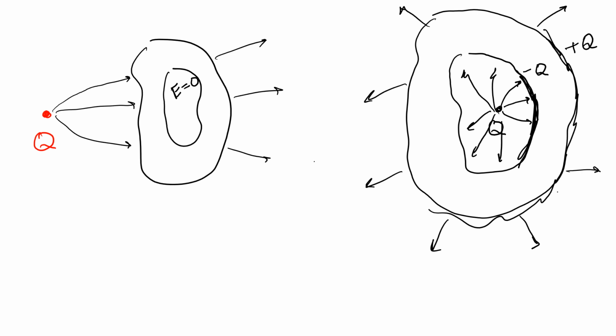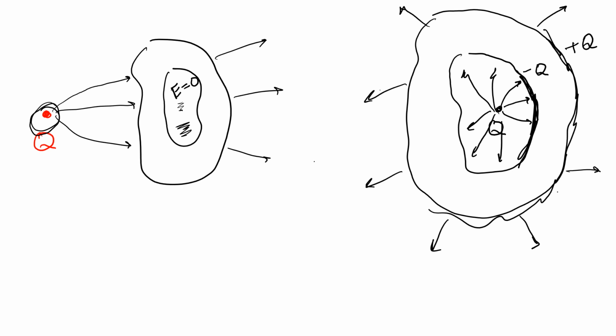A conductor shields the cavity from charges outside it. Whatever the charge outside is, I do not get any electric field inside this conducting cavity. However, a conductor doesn't shield the outside world from what is happening inside.